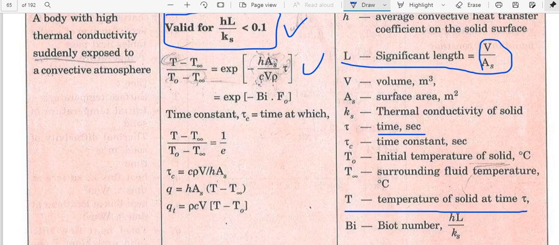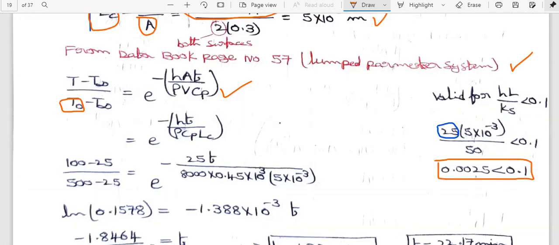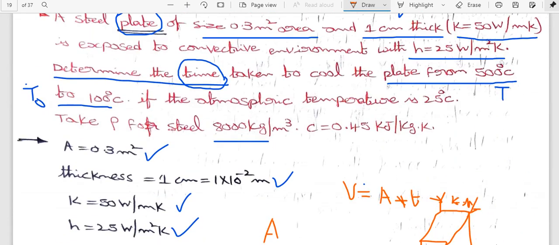T naught is equal to the initial temperature of the solid, that means 500, and T is the temperature of the solid at a time. So here in this problem the temperature is dropped with respect to time from 500 to 100.